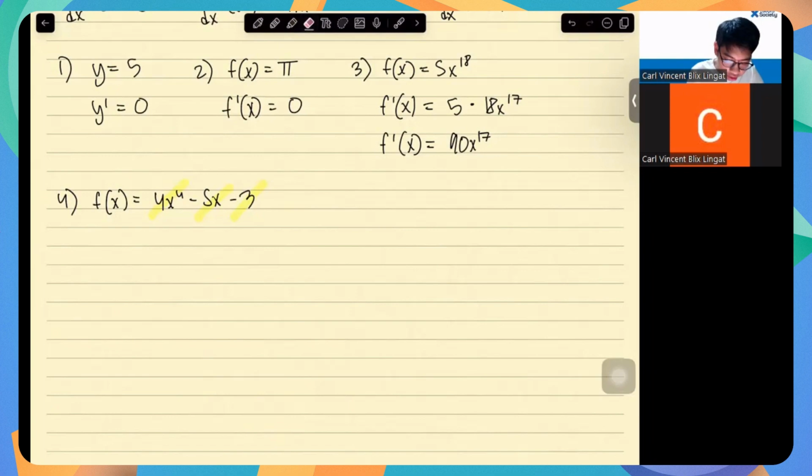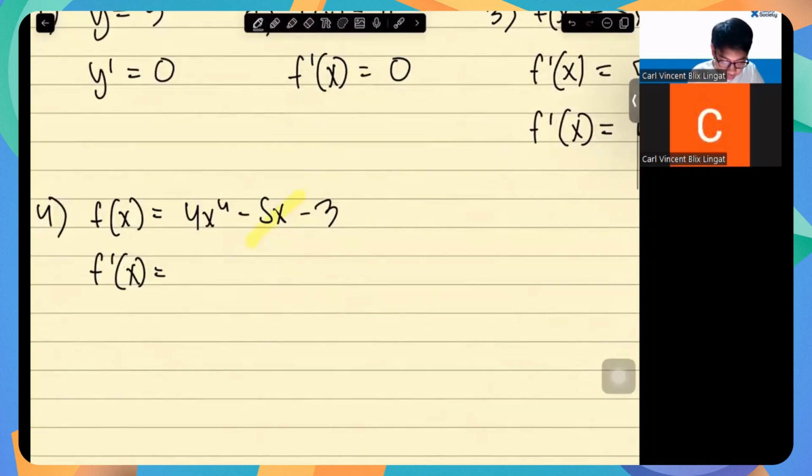In this case, we have f prime of x is equal to, now we have 4 times, bring down the exponent 4. So 4 times 4x raised to 3, because 4 minus 1 is 3. So the exponent is now 3. Now we have 5 times x.